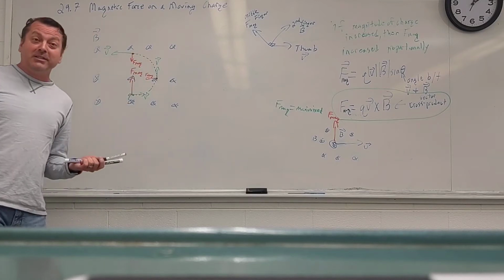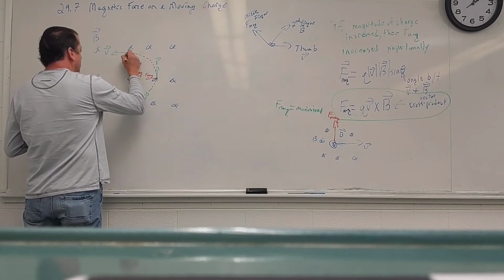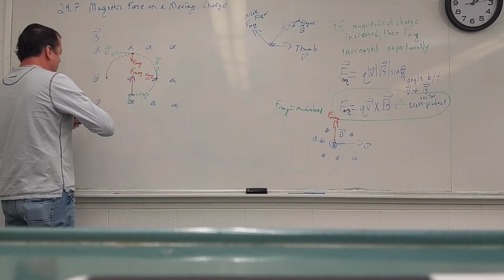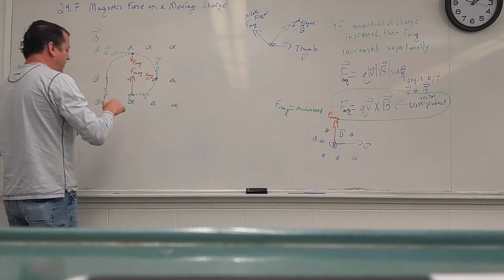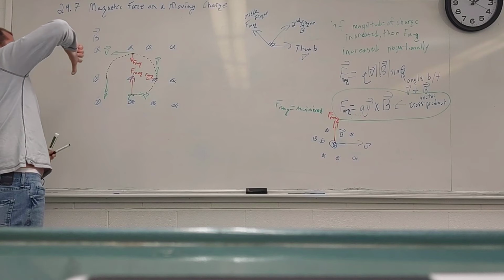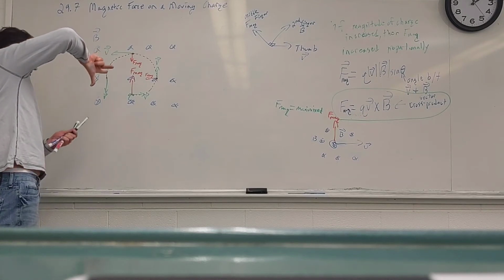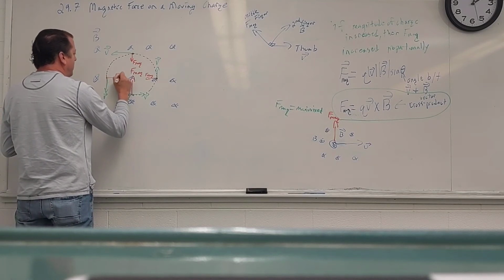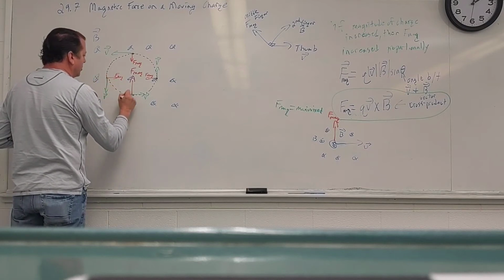This starts to look like circular centripetal motion. And right here, velocity is in this direction, B field's into the board, and my magnetic force is towards the center again. There's the direction of my magnetic force, and it's going to make a circle.